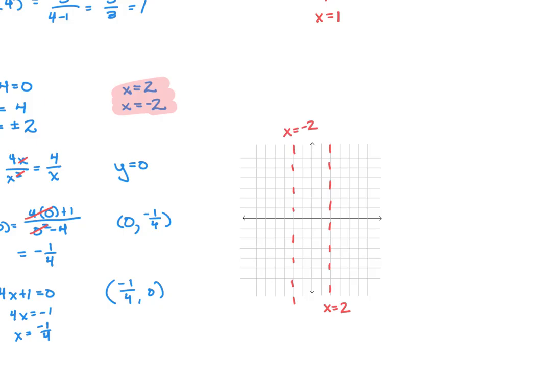We have a horizontal asymptote of y equals 0, and so we'll go ahead and put that in there as well. All right, we have our intercepts. We have a y-intercept of 0, negative 1/4, which is going to be somewhere right around there. And we have an x-intercept of negative 1/4, comma, 0, and that's going to be somewhere right around there.